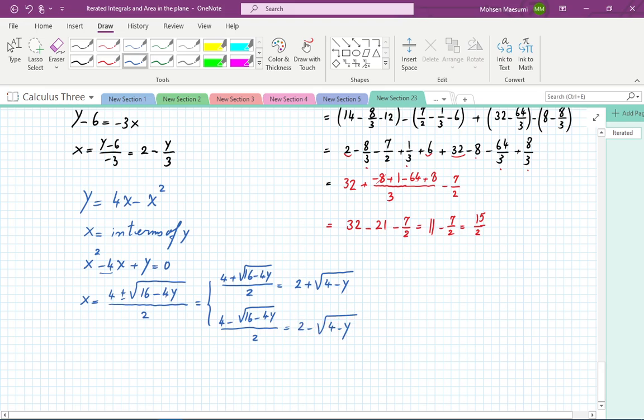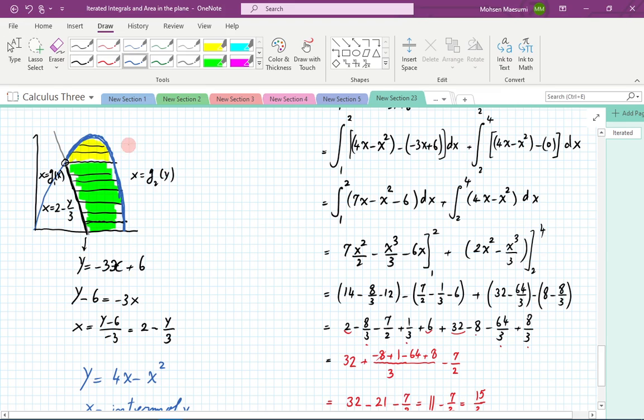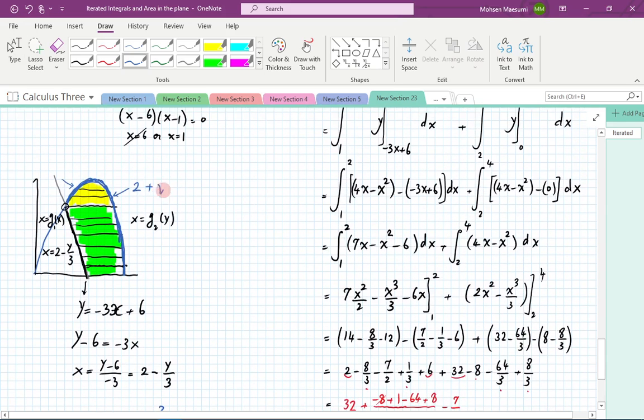Okay, so there was a bit of work involved in this one. This is the right half, this is the left half. Of course, the right one is the one with the plus, 2 plus radical 4 minus y, and this was 2 minus radical 4 minus y.